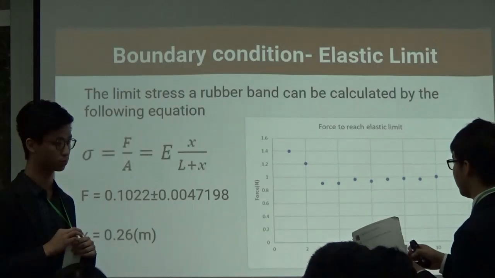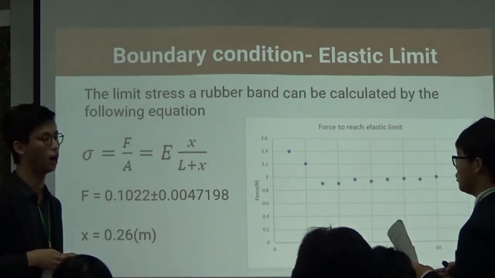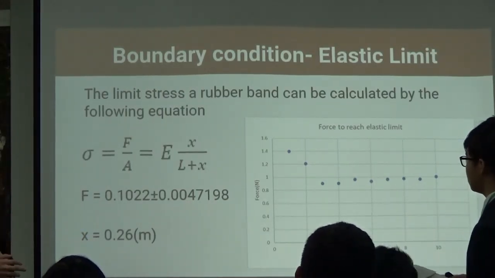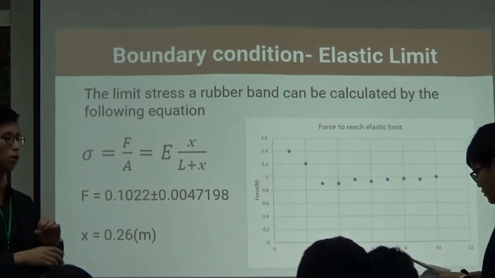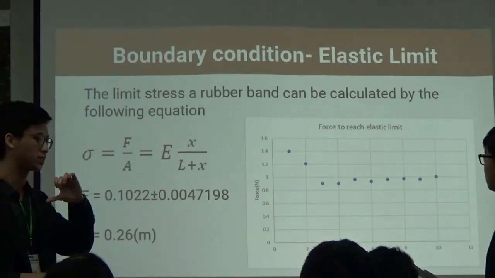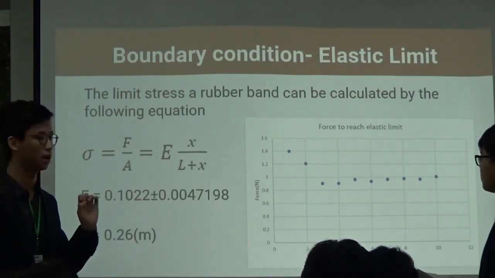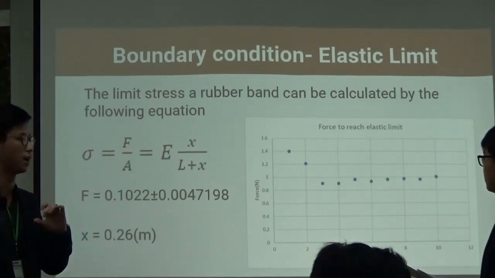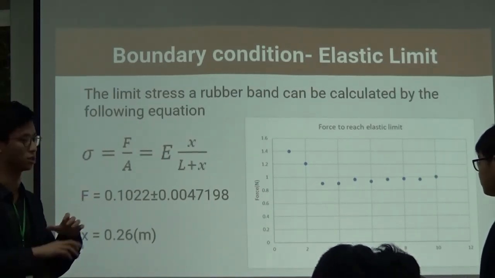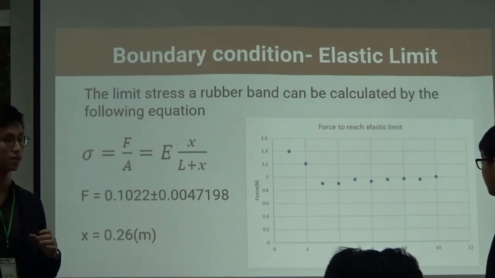So when it is out of the elasticity's boundary condition, yeah, I understand the question. The problem statement told us to optimize the distance. Once it exceeds its elasticity limits, the rubber band will not be able to restore to its original length, and this will not optimize the distance, which does not conform with the problem statement.